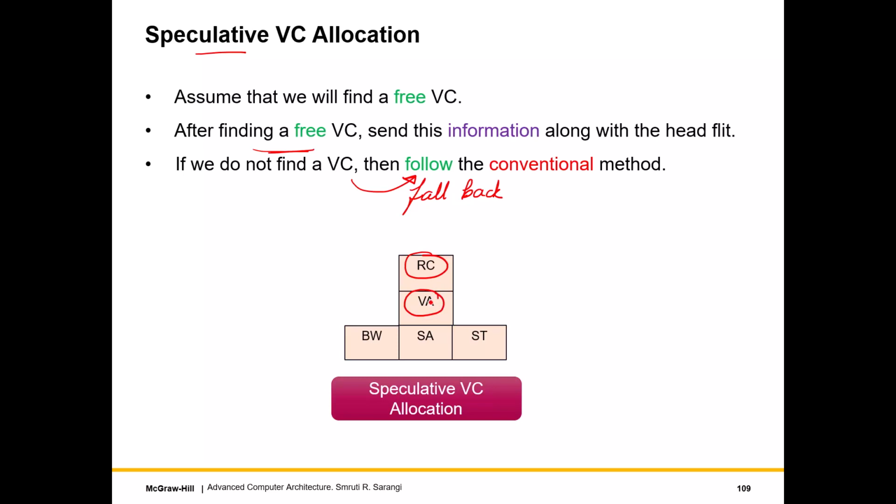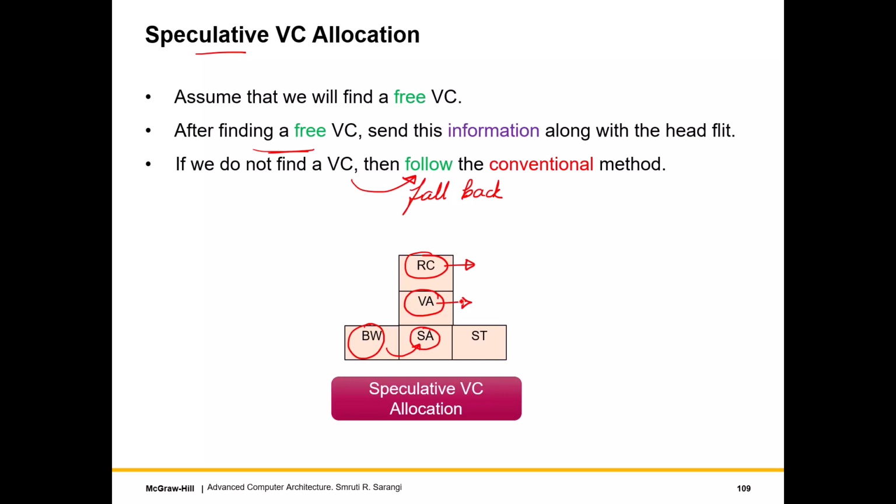You say, let me first write it into a buffer and try to allocate the switch, and this will take anyway 1 cycle to find a switch. At that point of time, I do lookahead routing, which was not on the critical path anyway, and I do virtual channel allocation, which in this case is not on the critical path.